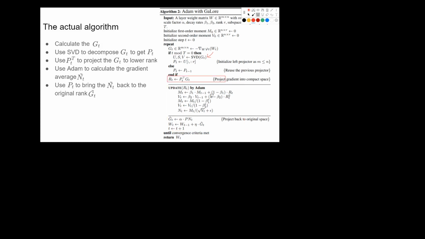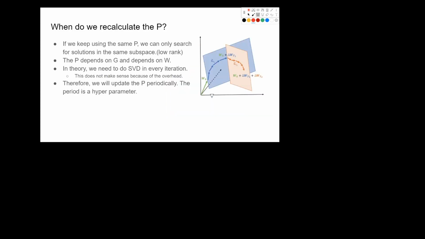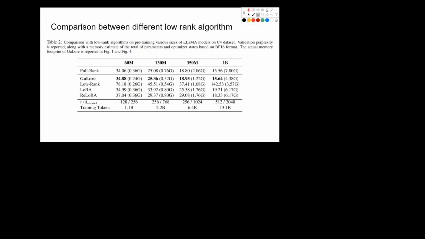And actually, at least according to the result here, the result of GaLore is very similar to the full rank situation. So it means that the gradient should be low rank, so that when we project the gradient into the low rank, it won't affect the performance. Okay, so this is a discussion of the GaLore paper. Hopefully it will help you understand the details of this paper.